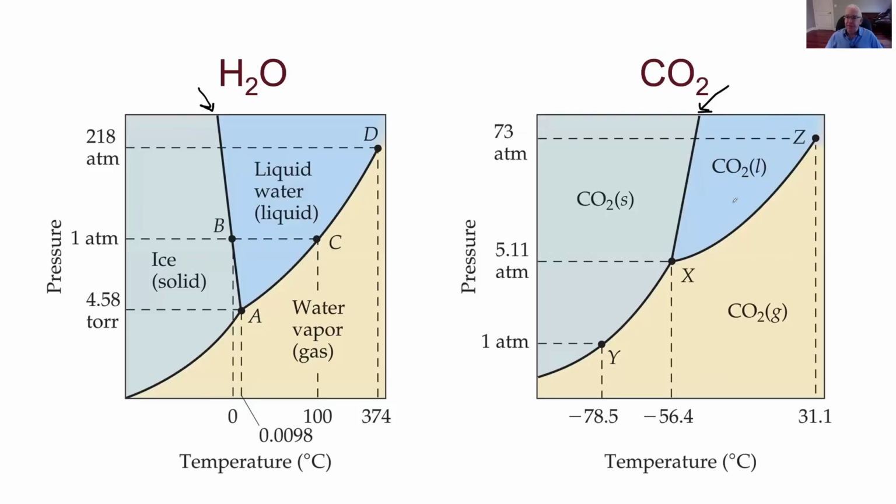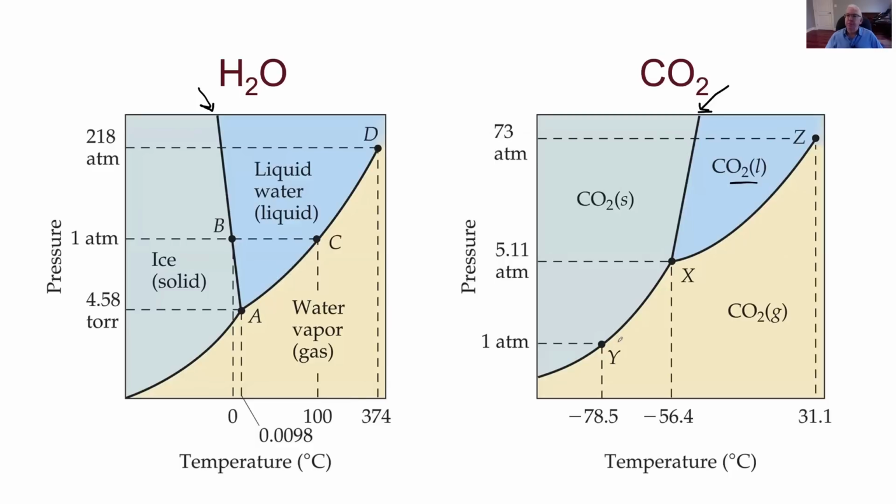You can see that at atmospheric pressure, I go from solid CO2 straight to gas phase CO2, right? To get the liquid to exist, this is the liquid phase, I have to be above 5 atmospheres of pressure. That's actually why people refer to solid CO2 as dry ice, because it doesn't melt, it doesn't form a liquid. It just evaporates, which means it's kind of a little bit tidier than water ice for chilling things.